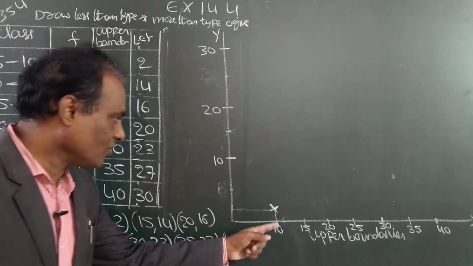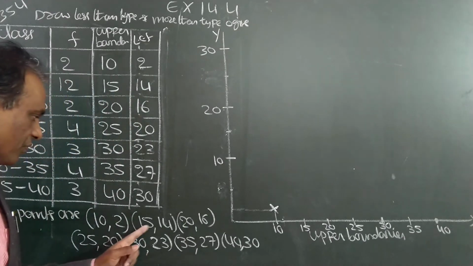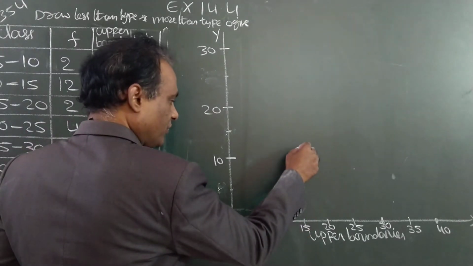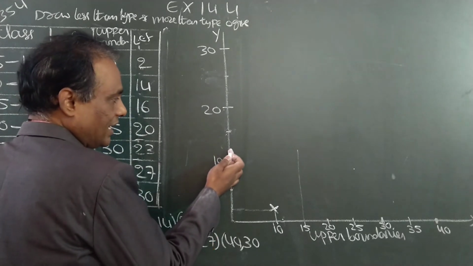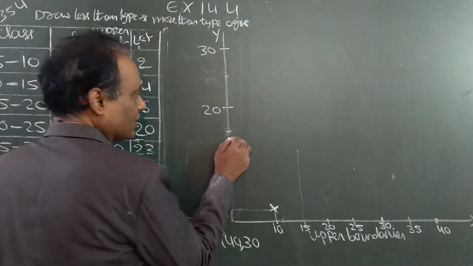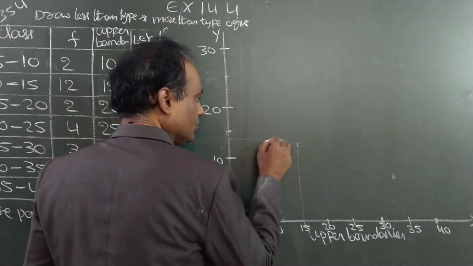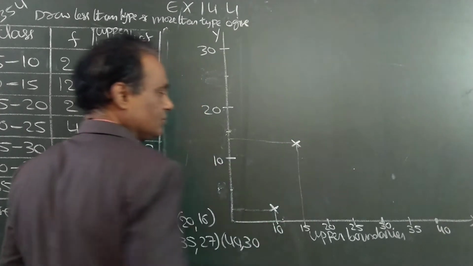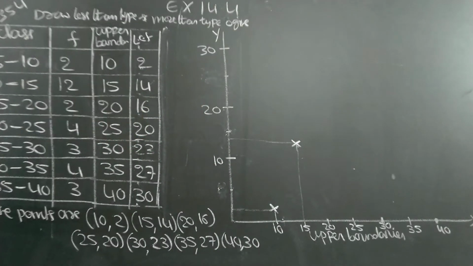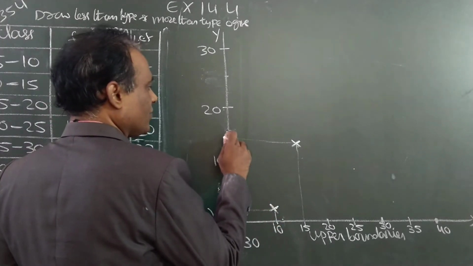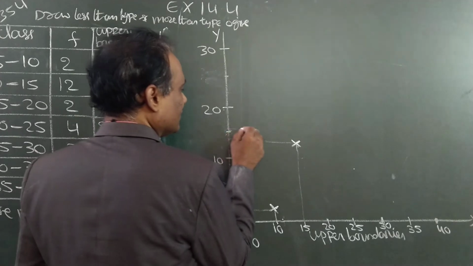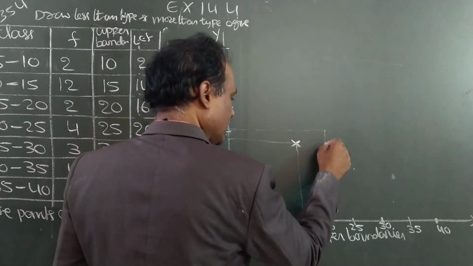X value 10, Y value 2. Then 15, 14. 14 is greater than 10, so 10, 11, 12, 13, 14. Then 20, 16: 14, 15, 16, somewhere here.